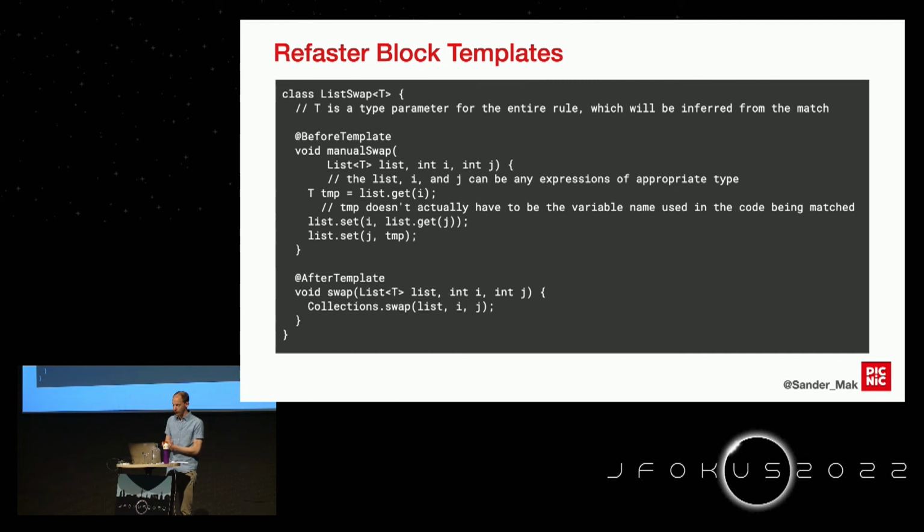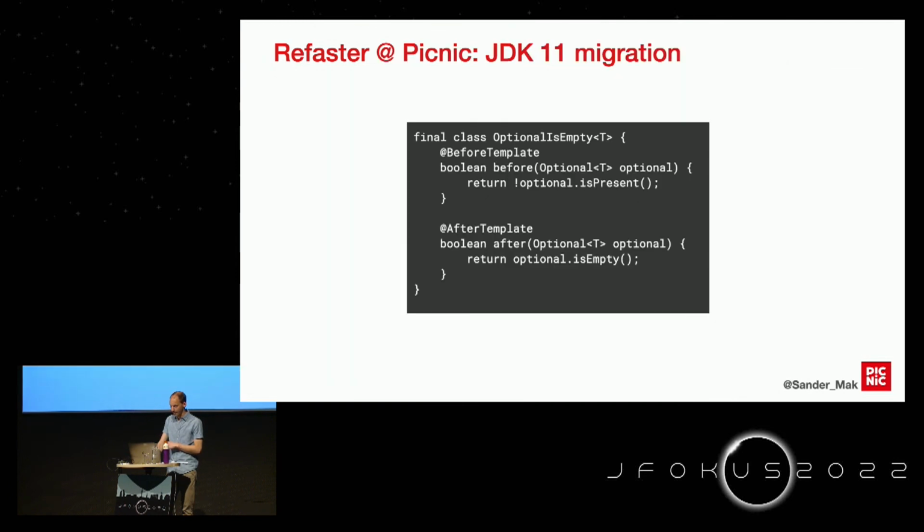But here's an example of where we see a pattern where people are using a list. They're swapping elements in the list, and they're doing this in 3 statements, whereas you could also use the Collections.swap method. And yeah, this kind of code is then replaced by this Collections.swap statement. So you can do this on expressions, but also on these kind of blocks of statements.